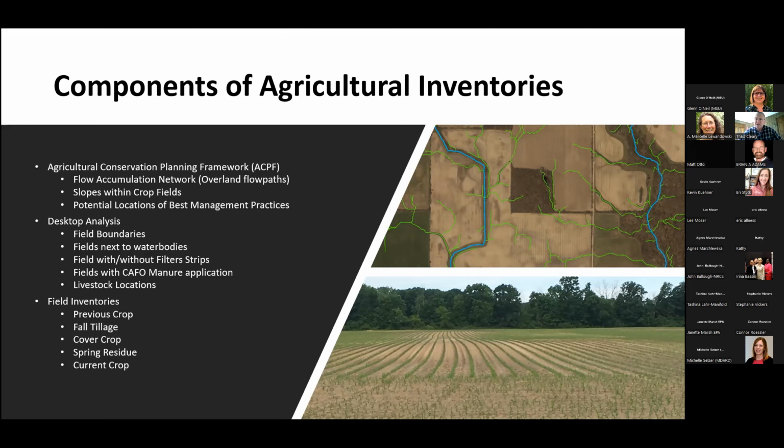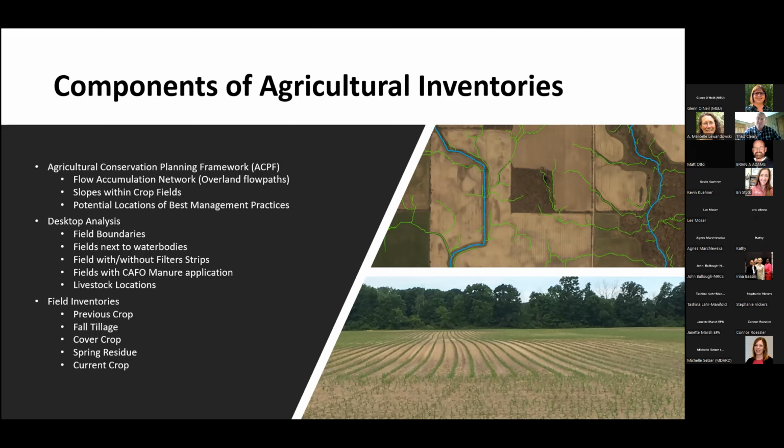Is there livestock access? Do you have a smaller dairy operation that has no manure storage, which means they're probably spreading manure in the winter because they don't have the storage capacity, and also what's happening with their milk house waste if they don't have any liquid manure storage on site.